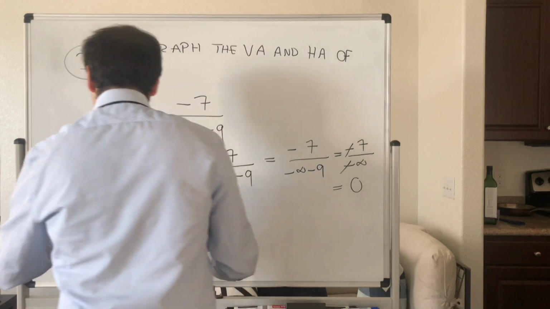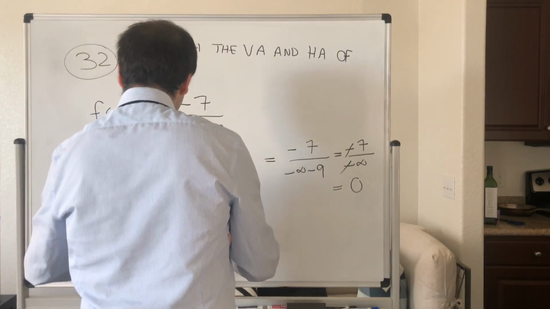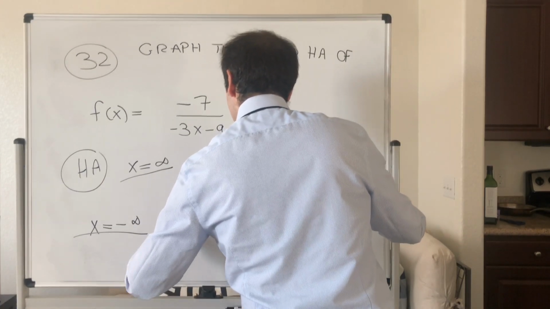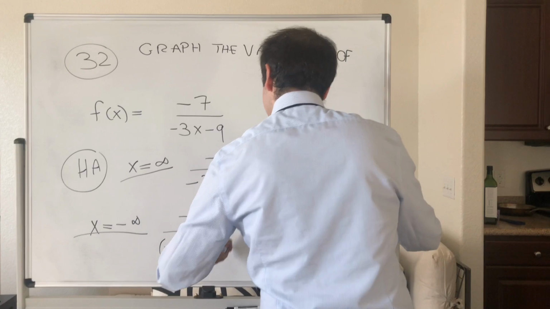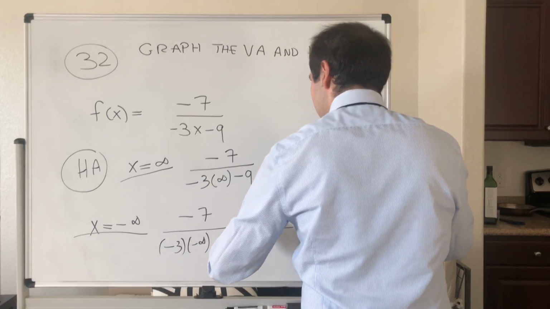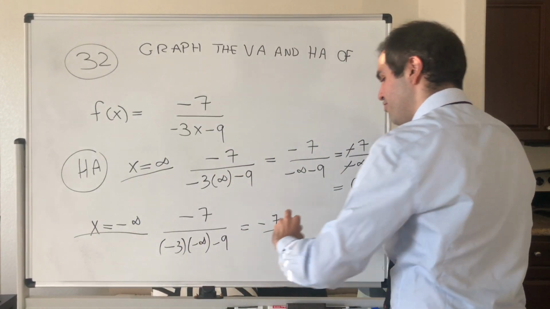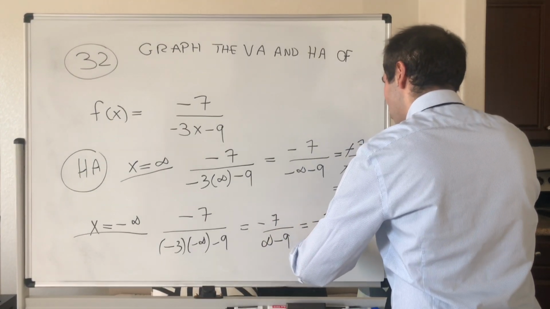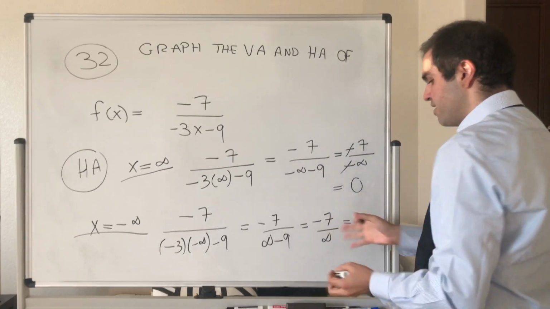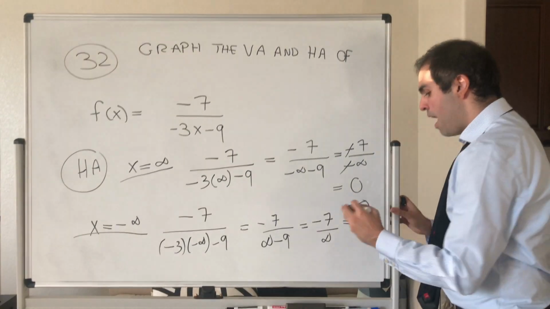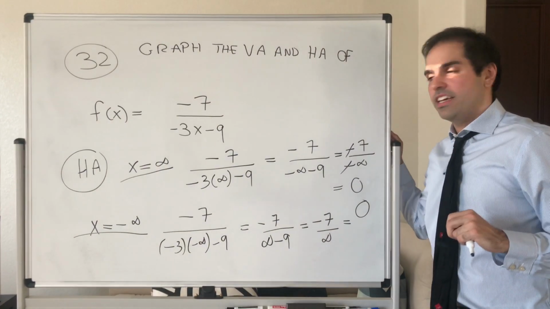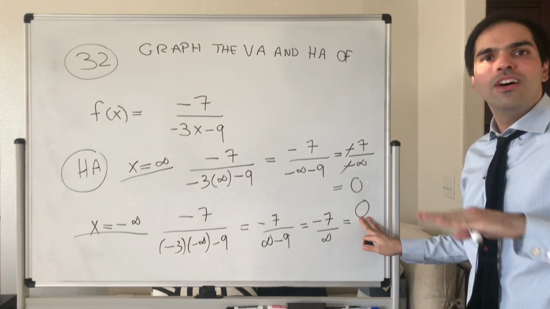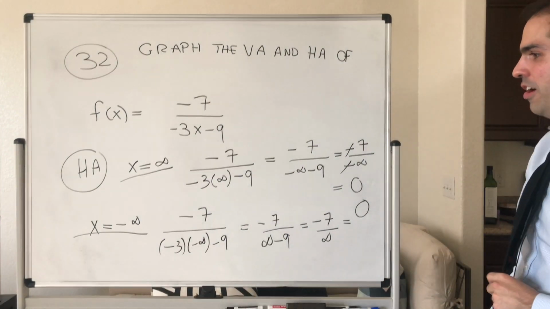If you plug in x equals negative infinity, that becomes negative 7 over minus 3 times minus infinity minus 9, and that's minus 7 over, so 3 times infinity is infinity, minus 9, and it's minus 7 over infinity, and that still becomes 0, because it's like minus 7 over a billion or something. So even here we can say that y equals 0 is a horizontal asymptote as well.